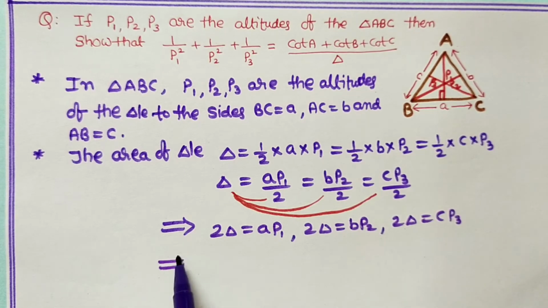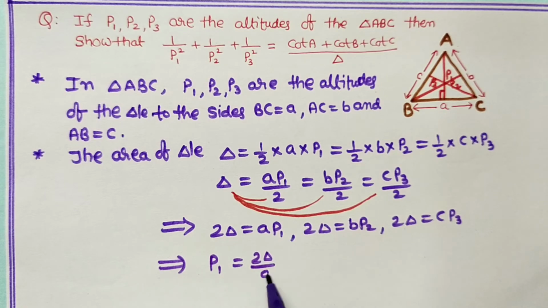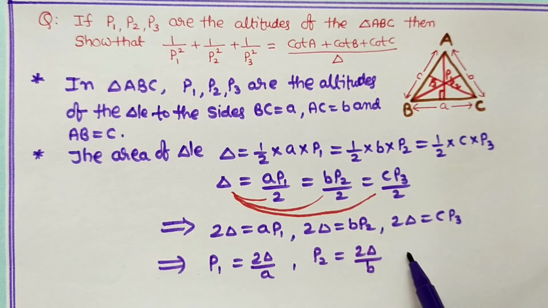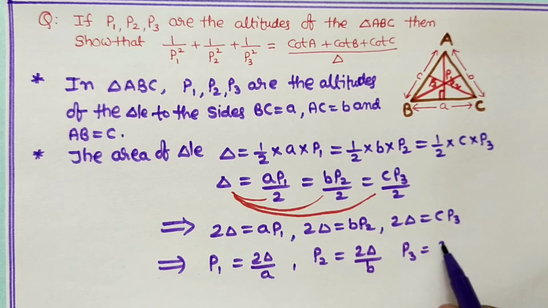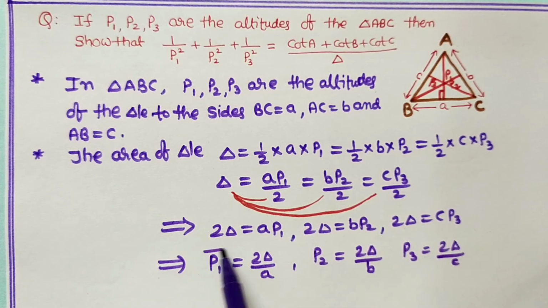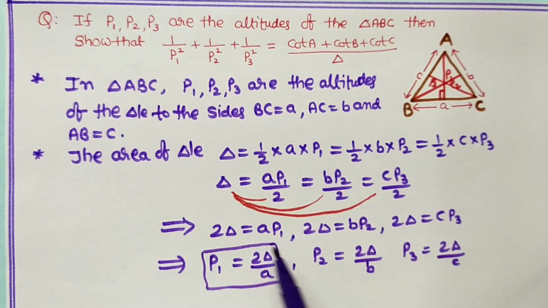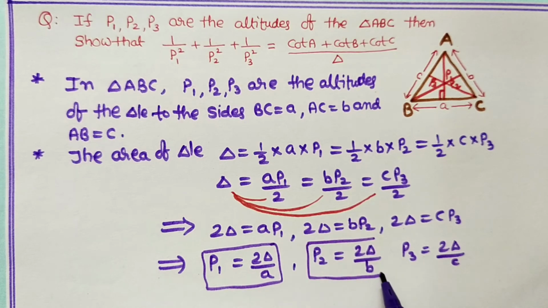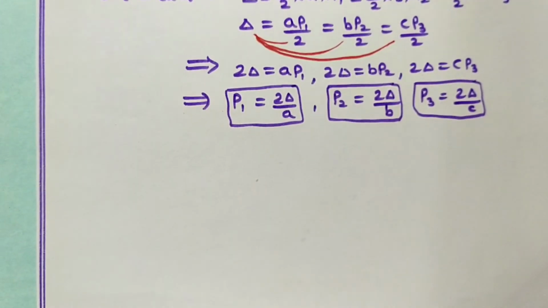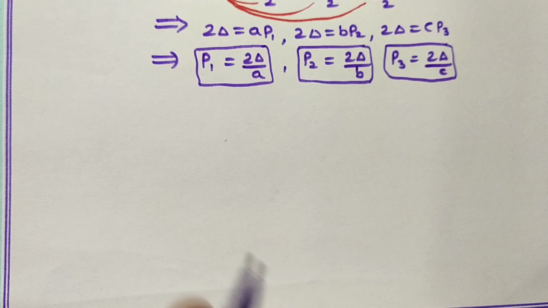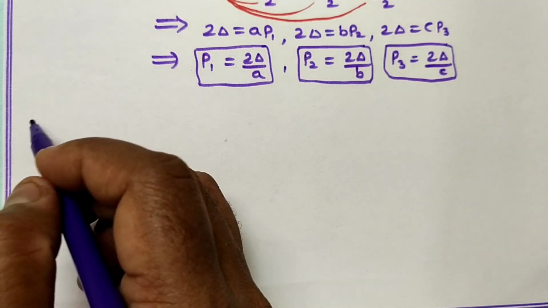From this we will get the values P1 equal to 2 delta by A, P2 equal to 2 delta by B and P3 equal to 2 delta by C. After getting these values, consider LHS.